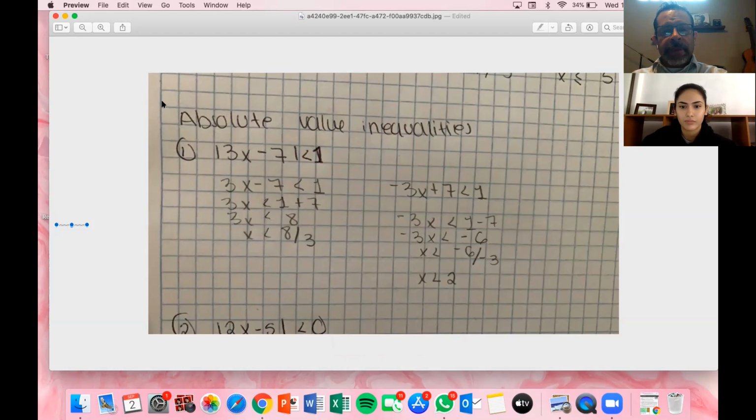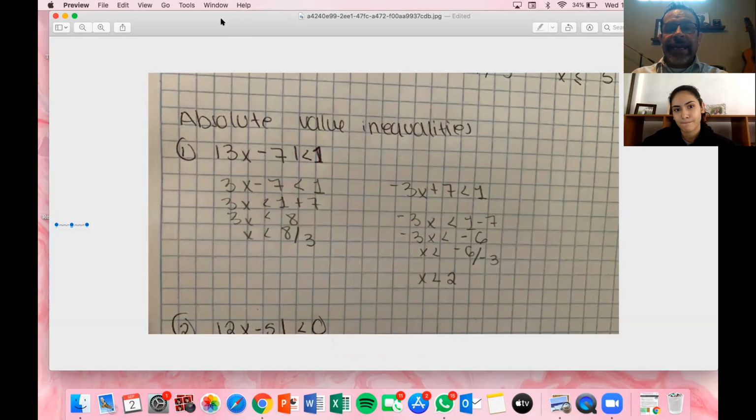explanation. So basically we need to analyze this in two scenarios. The first is the positive scenario. For the positive scenario, the only thing we do is remove the bars and we solve what we have on the left as a normal inequality. That's correct, right? Now the other scenario is the negative scenario.